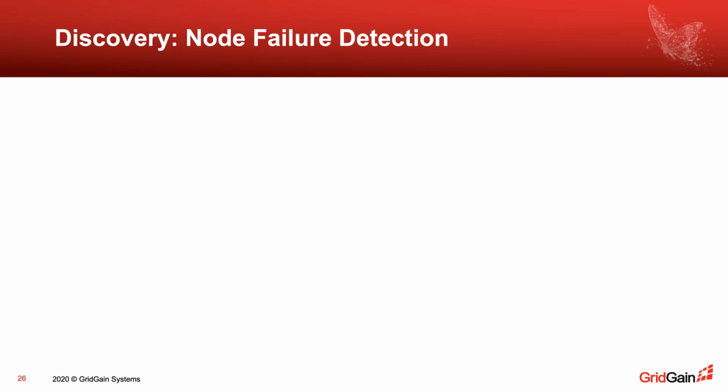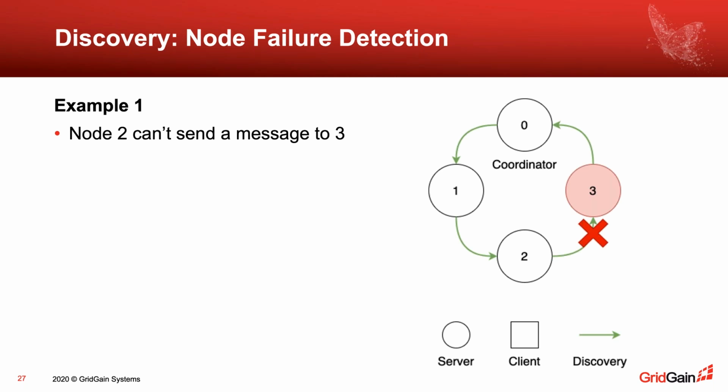Let's look at a couple of examples of how exactly nodes can detect failures in a cluster. Typically, we will see one of two options. The first option: say we have a cluster of 4 nodes connected in a ring, and we will talk about the ring later, and why it is a ring and not any other topology.